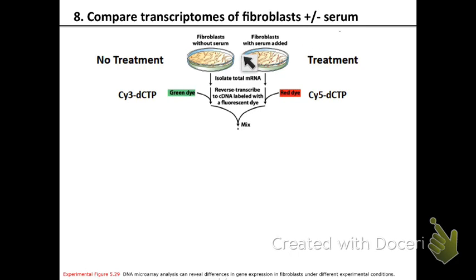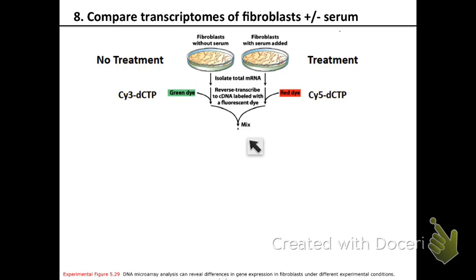So you grow your fibroblasts in a dish, and in one dish you add no serum, so that's your no treatment control. And in another you add serum, so that's your treated sample. So you isolate RNA from both of them, and then you label your control sample using the green fluorescence, and you label your treated sample with red fluorescence.